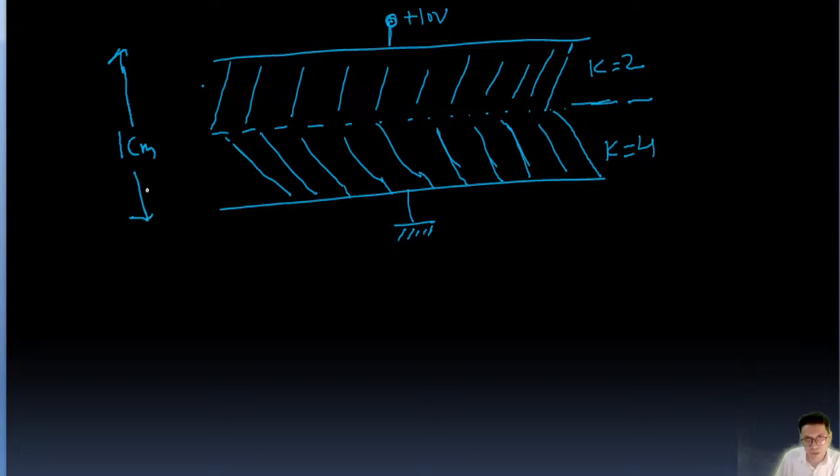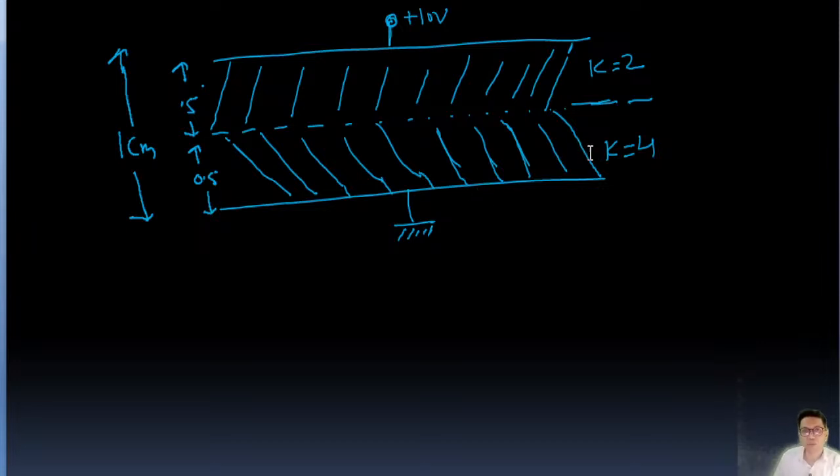This is 1 centimeter. So this means this distance is going to be 0.5 and this is going to be 0.5. So a parallel plate capacitor of 1 centimeter separation between the plates has two layers of dielectric, with different dielectric constants, and a potential difference of 10 volt is applied between the plates.